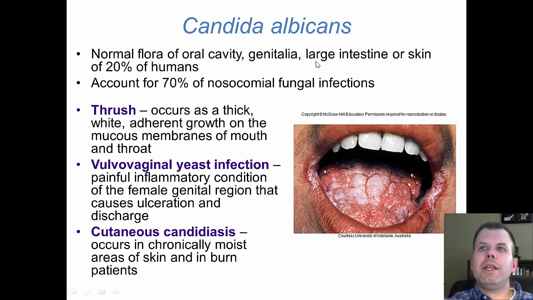So again, Candida albicans is a normal flora of the oral cavity, genitalia, large intestine, and skin, in about 20% of humans. In normal, healthy humans, that is at a very low rate. And again, the carriage rate means that they're not infected by it. It means that they have it, but it doesn't really affect them. Again, this does account for about 70% of nosocomial fungal infections.